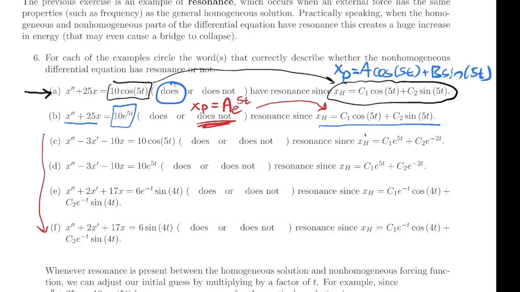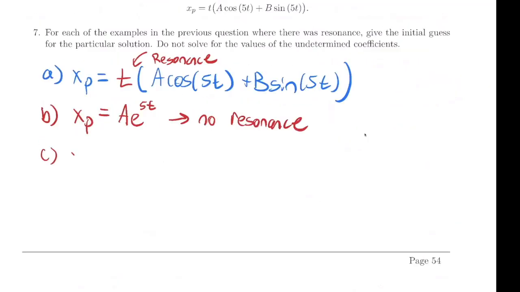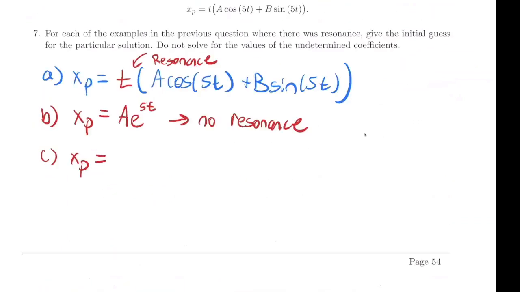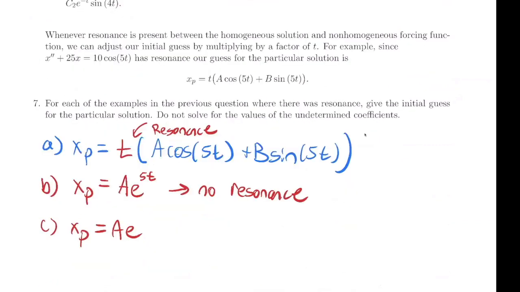And the reason why is, if this is my forcing function, then my initial guess here, just to keep track of these, would be x_p equal to A e to the 5t, and here the power was 5t again.